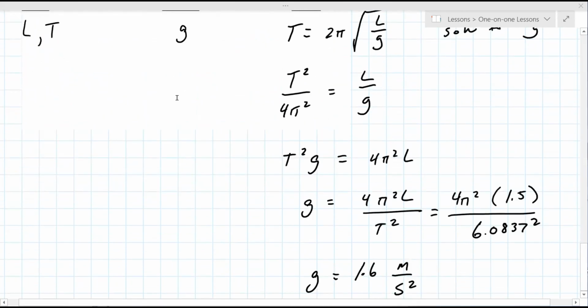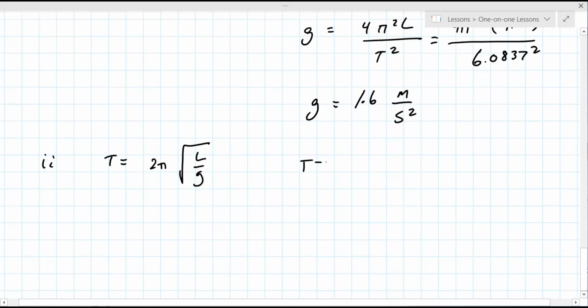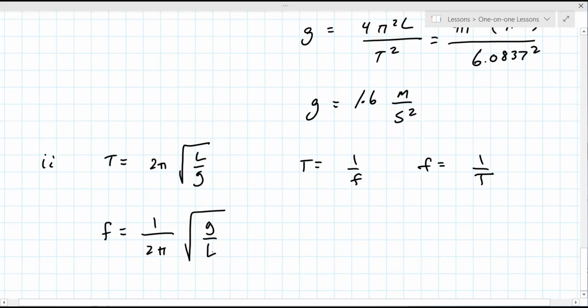For part II, T is equal to 2 pi square root L over G, and we know that period is equal to 1 over F. So frequency is equal to 1 over the period. So the frequency is equal to 1 over 2 pi square root G over L. I skipped all the simplifications of that, but that is what we see there.